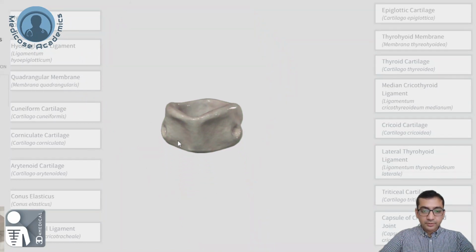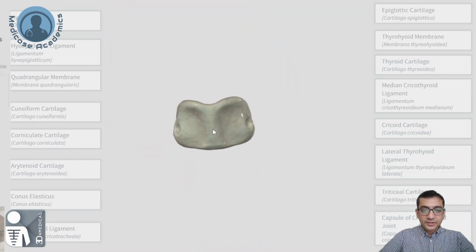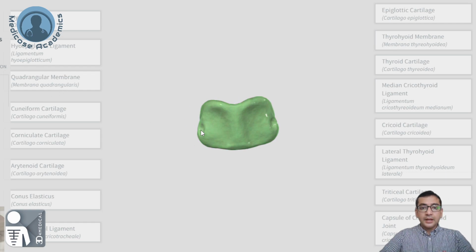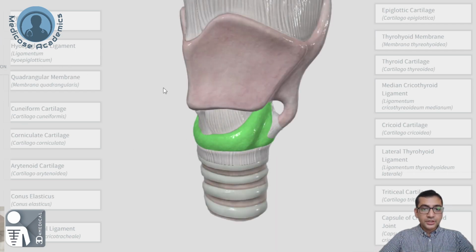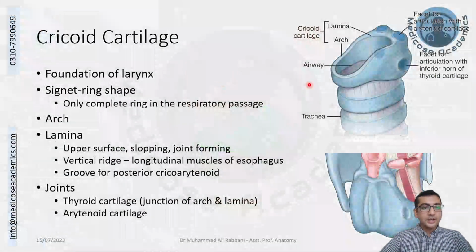On the posterior surface there will be two foci like here and here, and between them there is a median ridge, and they will be giving rise to the muscles, posterior cricoarytenoid muscles. We will discuss them as we reach the muscles. And then there is a lamina that will form the ring around the rest of the cartilage. This is the cricoid cartilage.